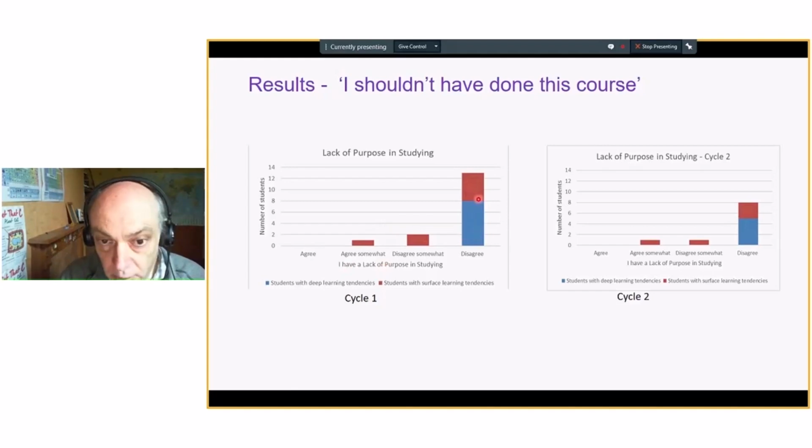All the deep learners were happy with being on the course in both cycles. But it was the surface learners that had some disagreement, that they felt they shouldn't really be studying on the course, and therefore they lacked a purpose in their studying. That's an interesting aside, but I think it's an important one to realise that surface learners, from my research, do seem to be rather demotivated in the course, or some of them do anyway.